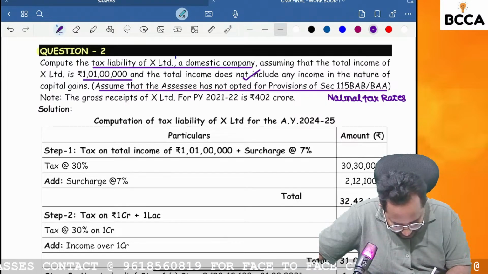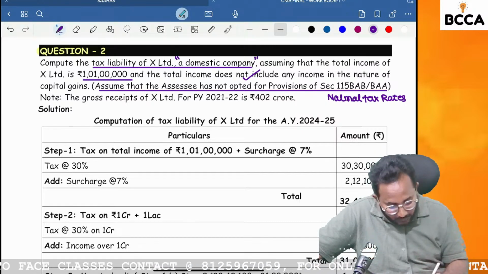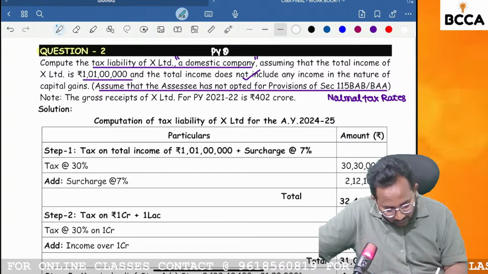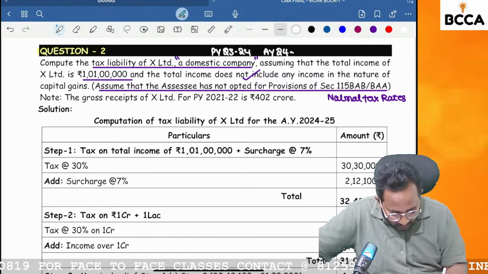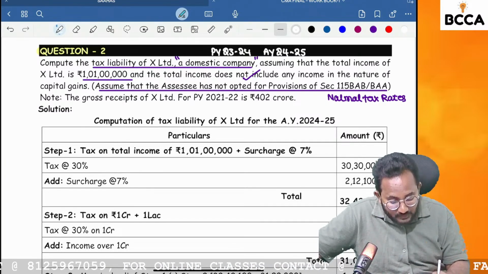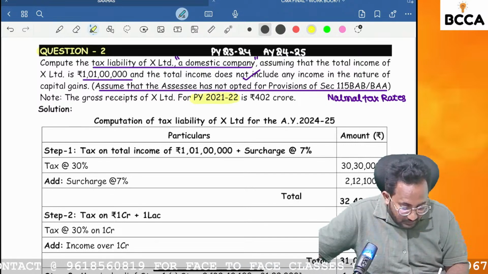Here, what are the tax rates applicable for a domestic company? They have given a note point. The previous year is 23-24 and the assessment year is 24-25. To know the tax liability of the domestic company, we have to check the previous year 21-22 turnover.